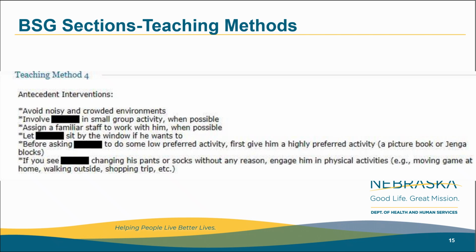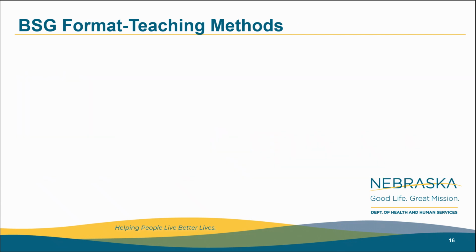Remember that a copy of this document should be available in each staff office, and it contains a lot of good ideas for working with a lot of individuals in many situations. While this document is not an official part of any individual behavior plan, it is a good resource to be aware of and familiar with.